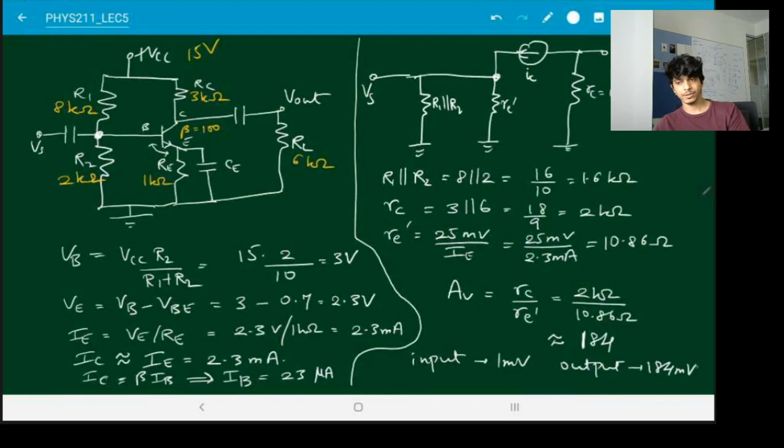It amplifies your signal. One thing that I should remind you over here, again it would have been good if I had that circuit with me. Never mind. Suppose as you increase your input voltage, the base current increases.